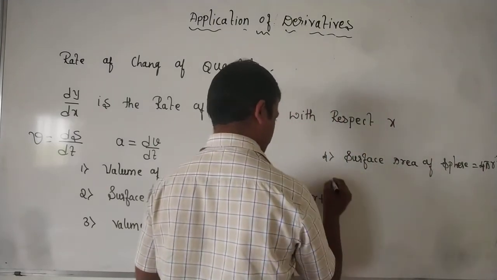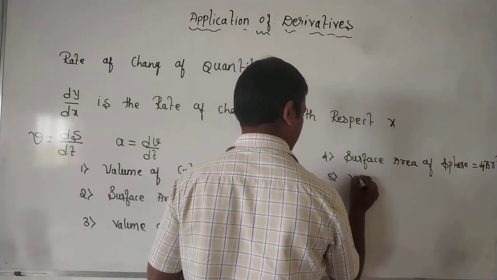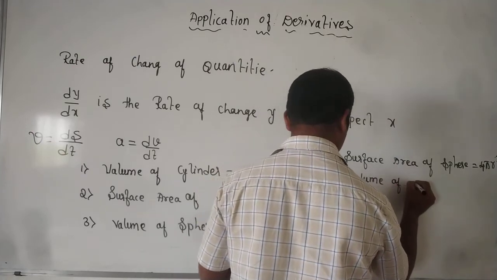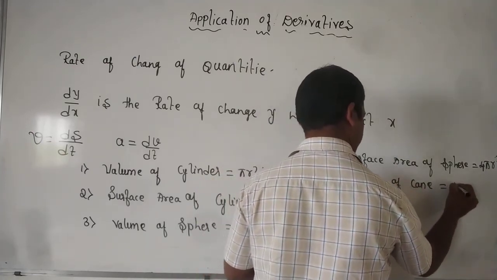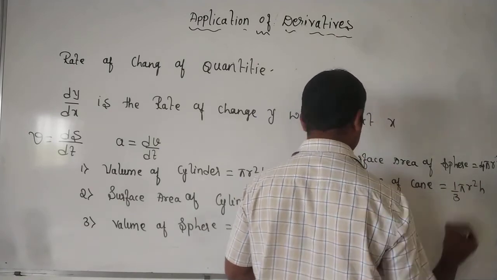Next, fifth one is volume of the cone, is equal to 1 by 3 pi r square h.